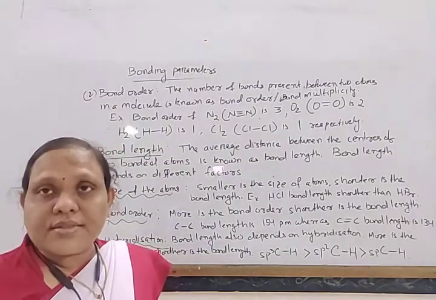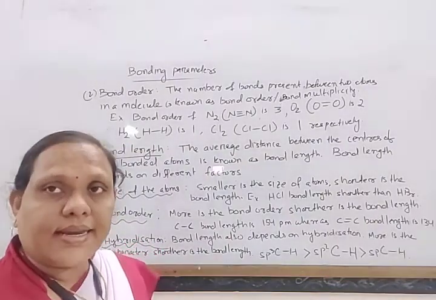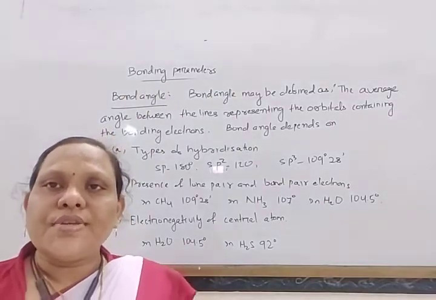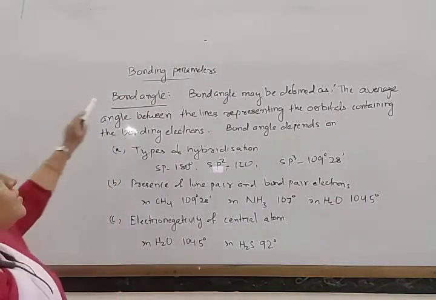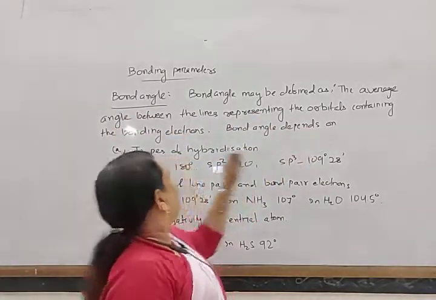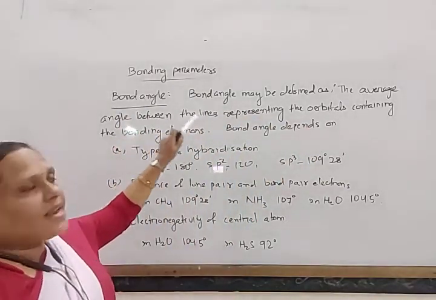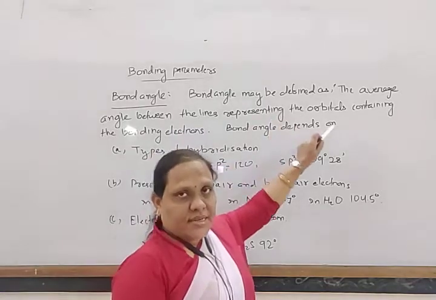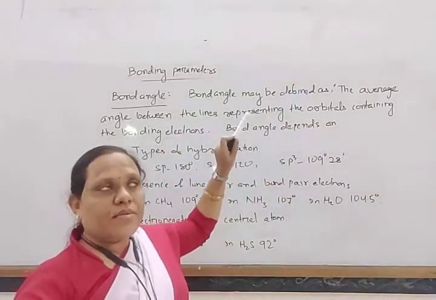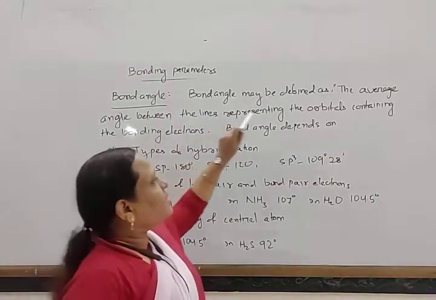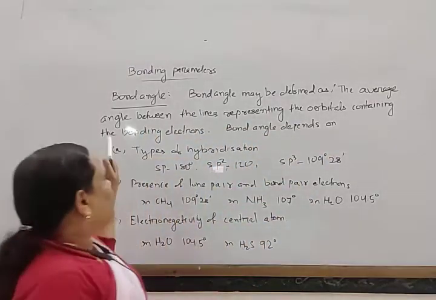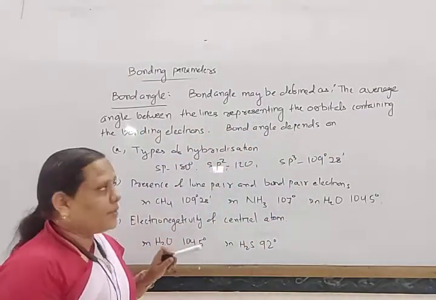Next come to another parameter, bond angle. Bond angle may be defined as the average angle between the lines representing the orbitals containing the bonding electrons.